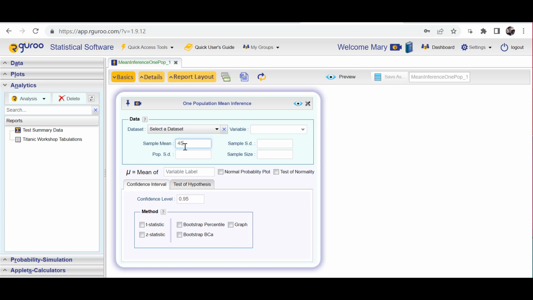So you fill that in. And we knew the population standard deviation was 116, and the sample size was 100. We were doing the mean mathematics SAT score for this one. And then the confidence level was 92%, so 0.92. And we're going to choose the Z statistic because, again, we know the population standard deviation and the sample size was big enough.